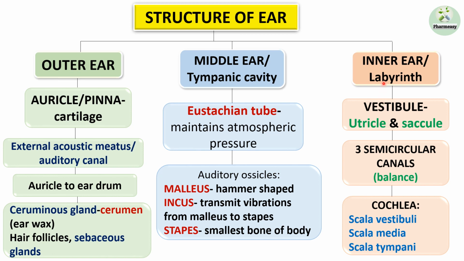Inner ear is also known as labyrinth. It includes the vestibule. Vestibule includes utricle and saccule, and 3 semicircular canals for balancing, and the cochlea. Cochlea has 3 structures: scala vestibuli, scala media, and scala tympani.